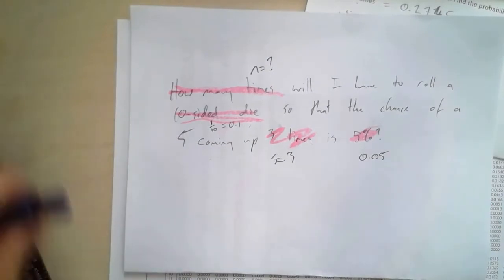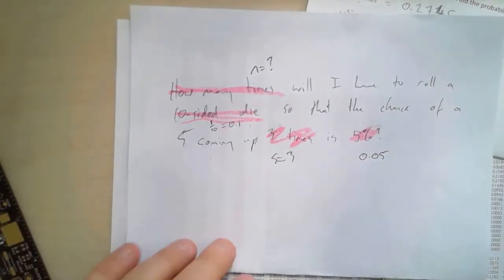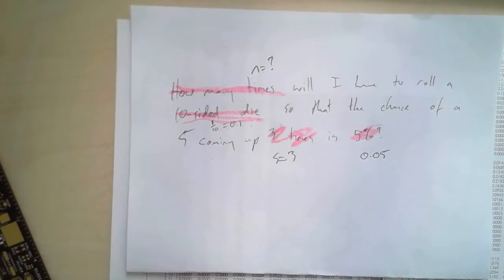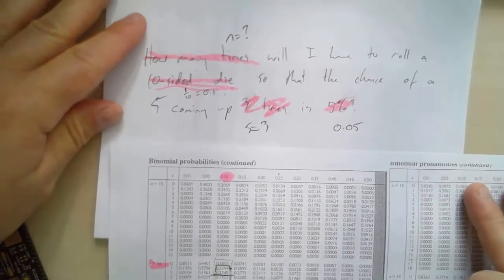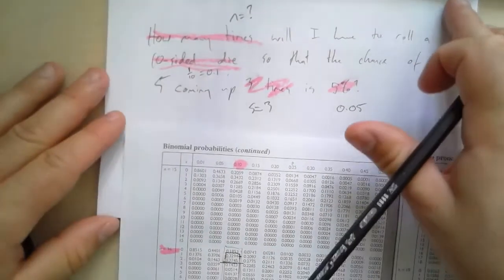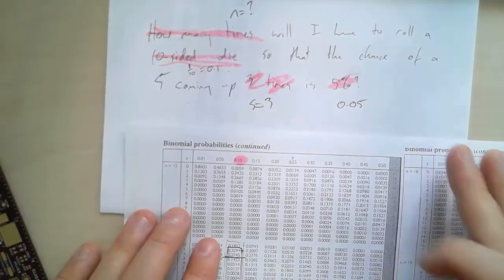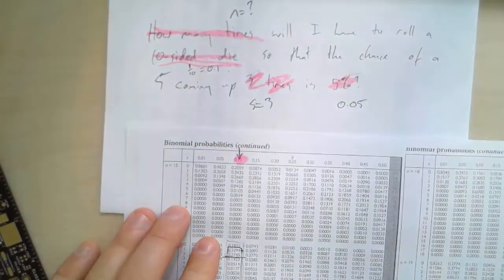So if we go to our table, clear out some of this stuff. Okay, if we go to our table, we know it's a 10-sided die, so we're still in the 0.1 section.